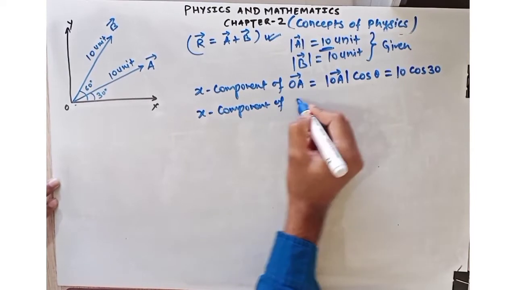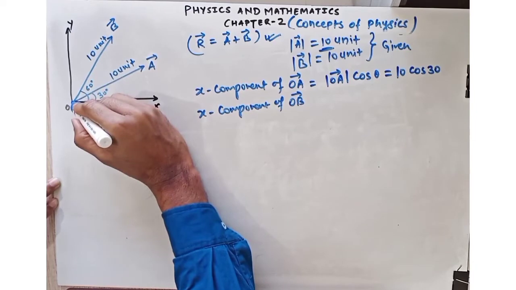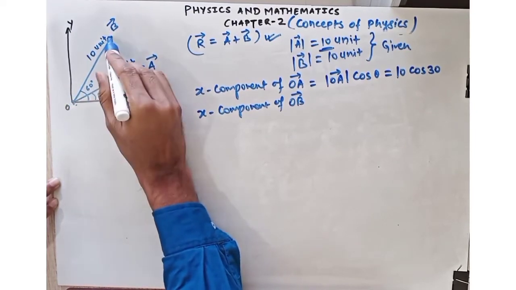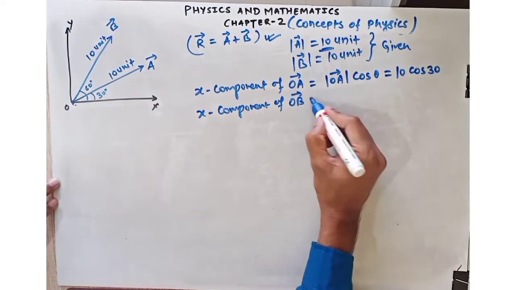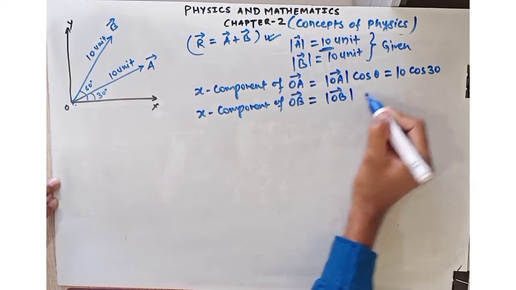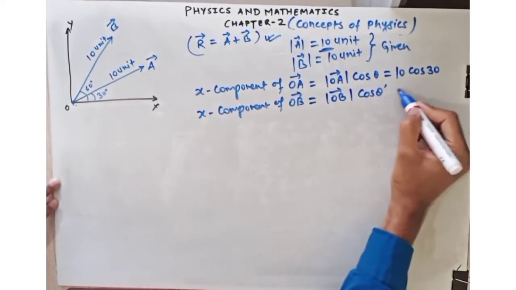Similarly, the x component of vector OB. This vector B I am representing as vector OB. It starts from origin O and goes to point B. So it will be magnitude of OB times cos theta dash.